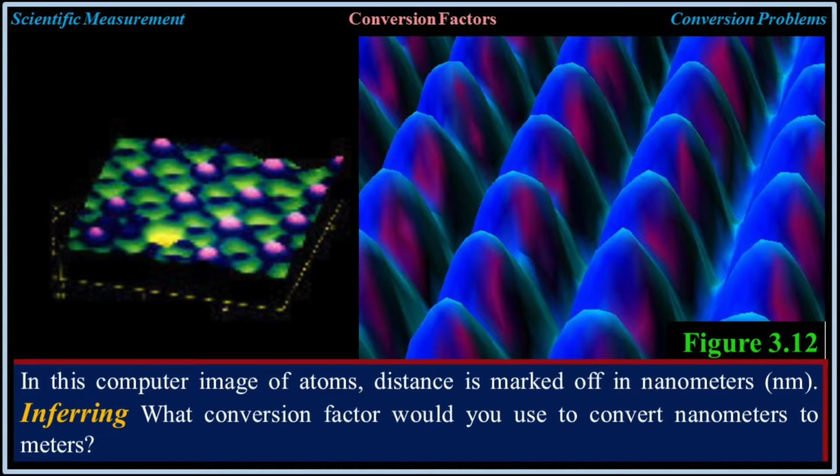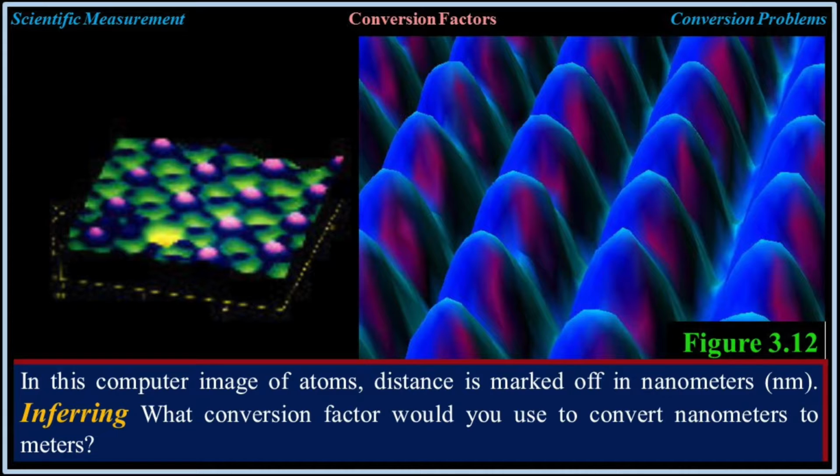It's the one on the left. What conversion factor would you use to convert nanometers to meters? Well, a nanometer is a billionth of a meter, so it would be 10 to the ninth nanometers equals 1 meter. That would be a convenient conversion factor.